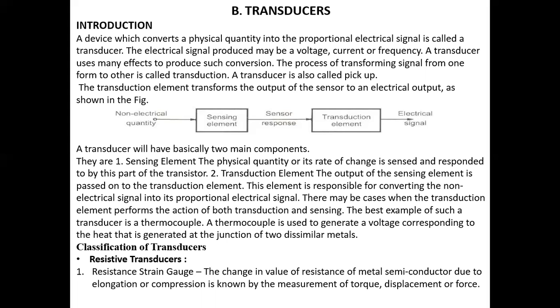In resistive transducers, the resistance strain gauge measures the change in resistance of a metal or semiconductor due to elongation or compression, which is known by the measurement of torque, displacement or force.